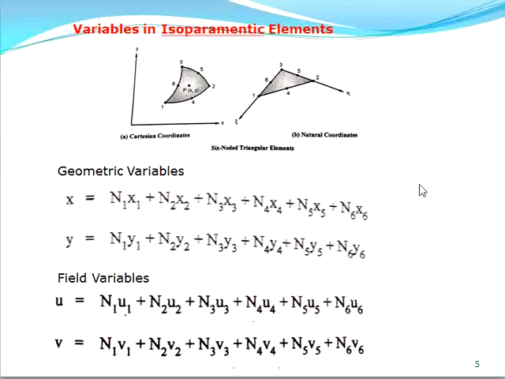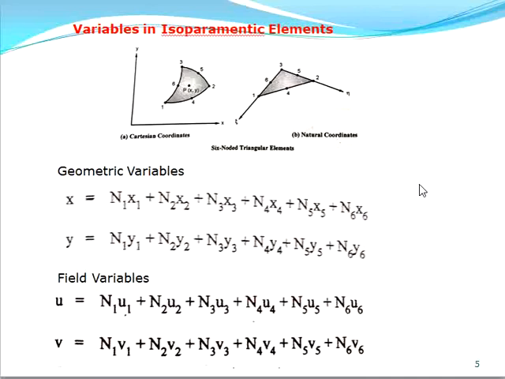So geometric variables are nothing but those variables which specify the geometry of elements, and field variables represent displacement, stress or temperature, meaning variation in property.